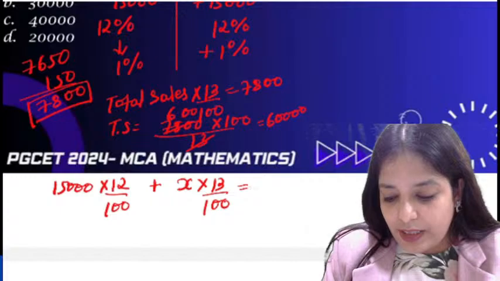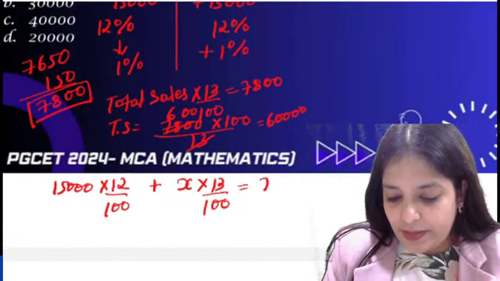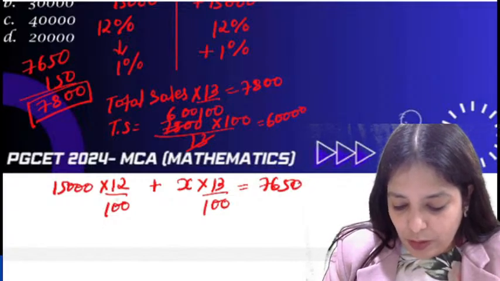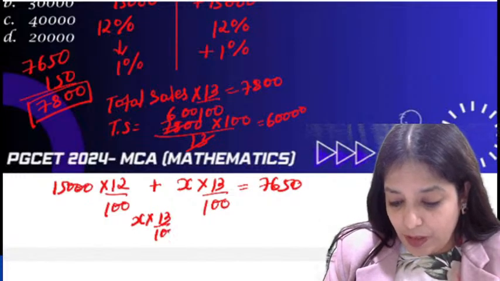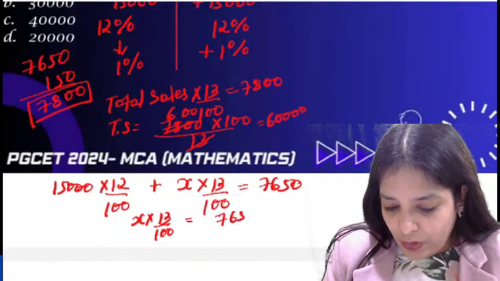Now this total commission is equal to what? 7,650. So what is 12% of 15,000? That is 1,800. So X into 13 upon 100 is equal to 7,650 minus 1,800.